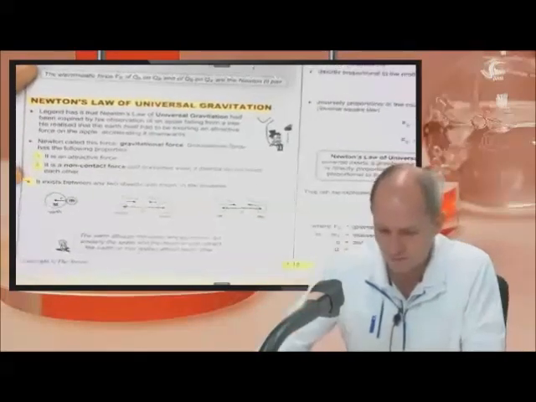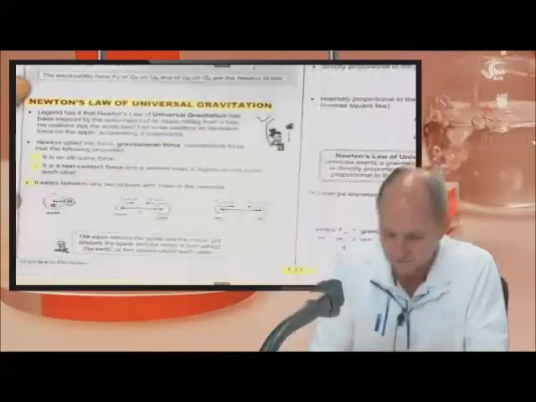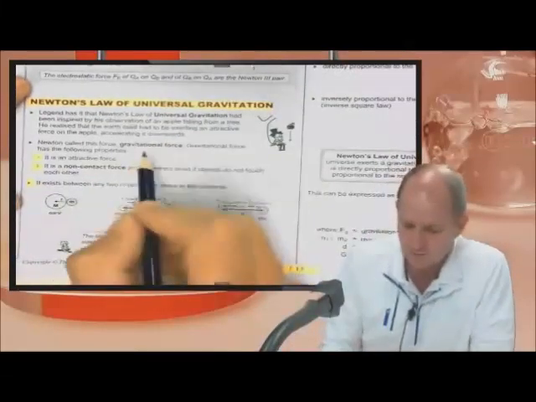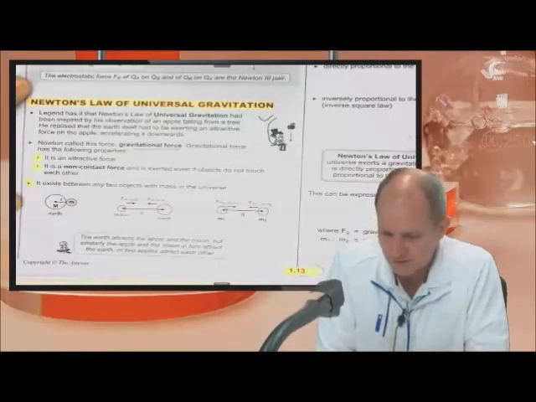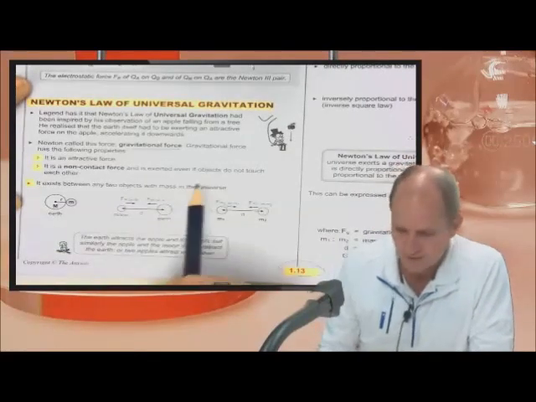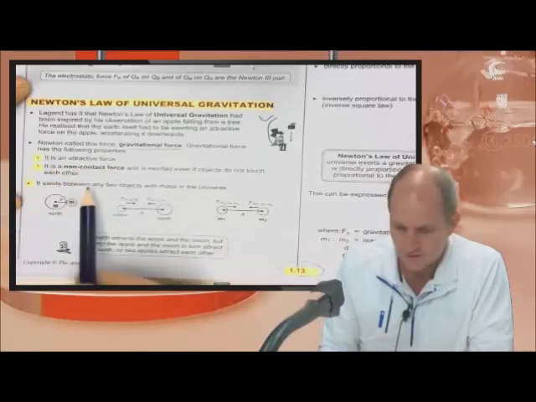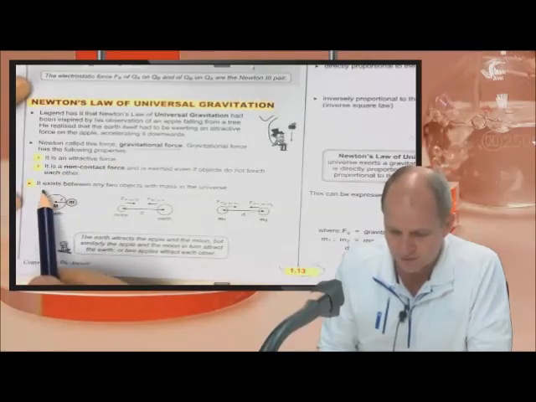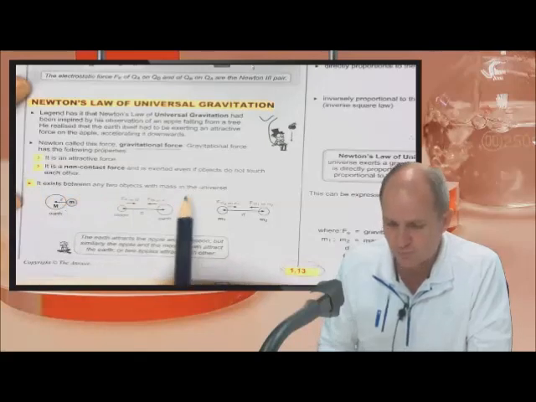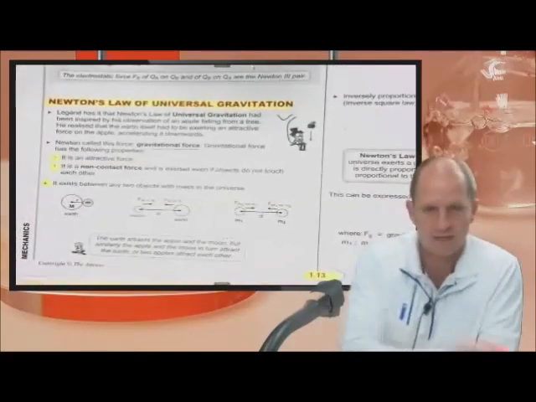If we look at Newton's Law of Universal Gravitation, it's about a gravitational force. A few characteristics of this force are that it's an attractive force, it's a non-contact force, and very important, it exists between any two objects with mass in the universe.